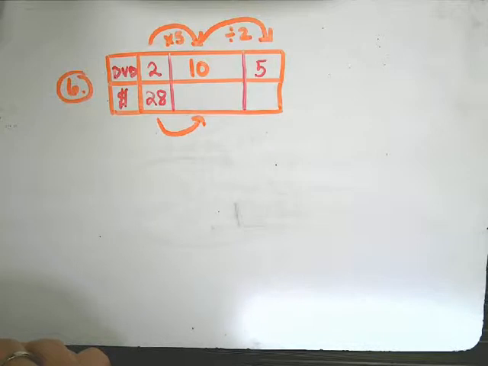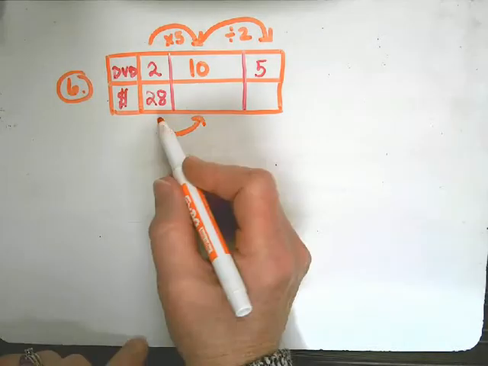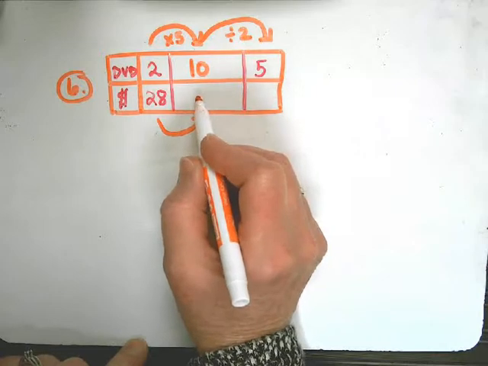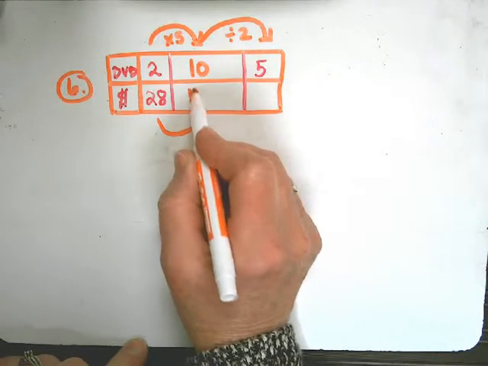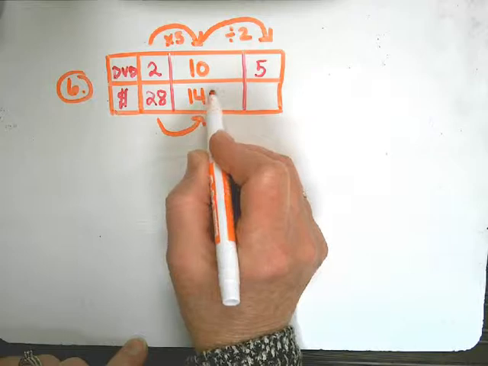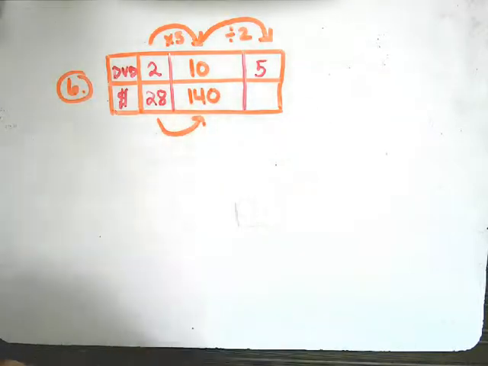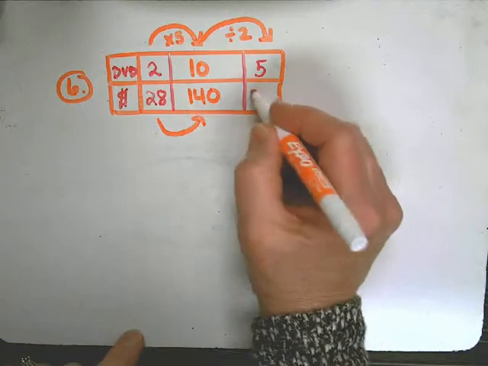Divide it by 2. So what was 28 times 5? 140. And then when I divide that by 2, I get, Alex? 70. And I need to box my answer in.